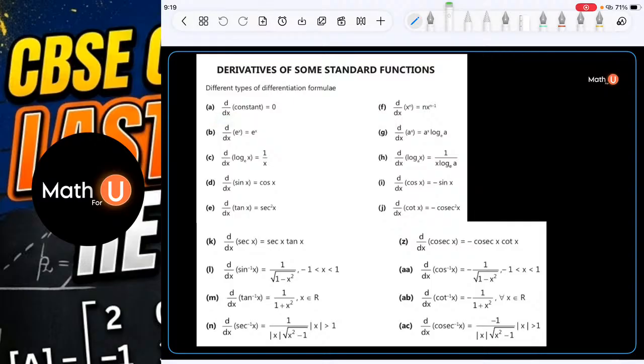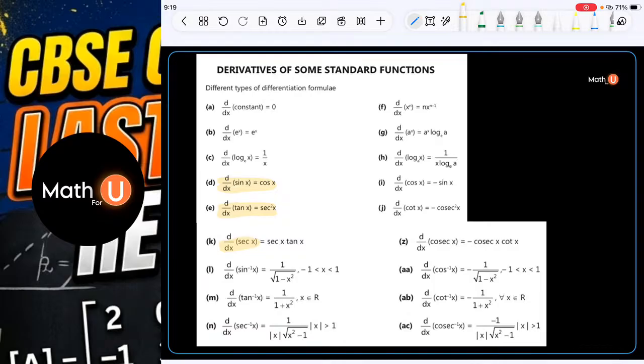First, differentiation of a constant equals 0. A constant is nothing but any number. Differentiation of e raised to power x gives e raised to power x, and differentiation of log x is 1 by x. Differentiation of sin x is cos x, and differentiation of tan x is secant square x.